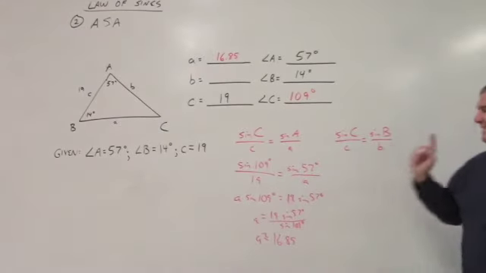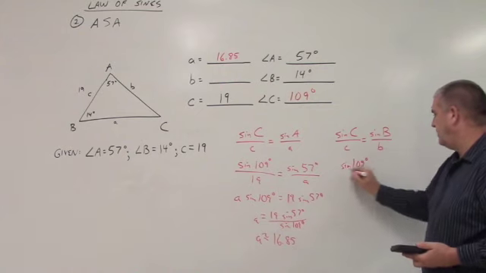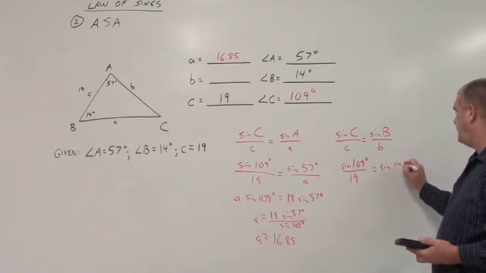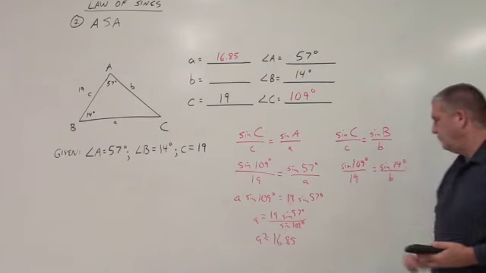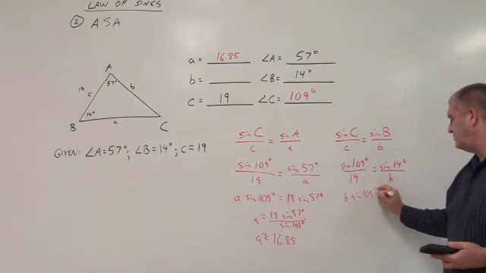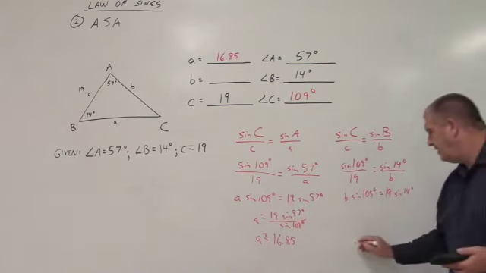And now it's time to find side B. Again, we will put in exactly the same values for C, 109 degrees over 19. This is now going to be the sine of 14 degrees, and that will be over B. So this is now B sine of 109 degrees equals 19 sine of 14 degrees.